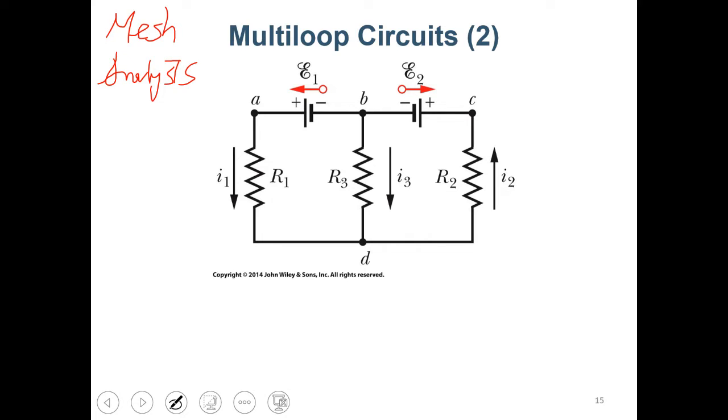This may be a little bit difficult for you to understand, but I just let you know so that, if you can understand, you can also apply this method to solve the circuit. Because for some types of circuit, if you use node analysis, you can come up with a simpler calculation. For some circuits, if you use mesh analysis, you can come up with a simpler calculation. But for most cases, both are similar.